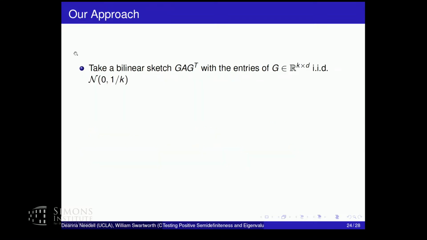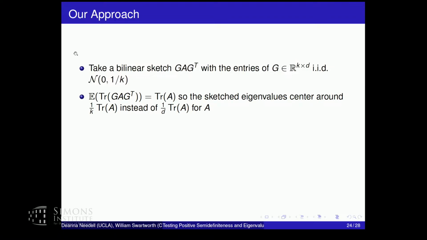So what we show is that by taking this approach for testing, but with our analysis of G transpose A G, what we can do is subtract off the trace. That's the most concise description. So we look at G transpose A G, the same sketch, and the expected value of its trace is the original trace, but now it only has k dimensions.